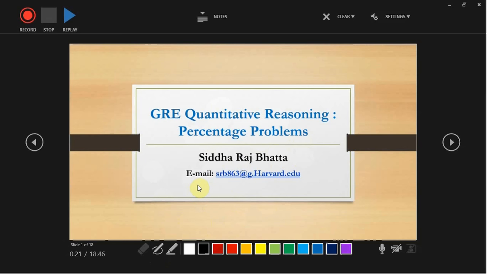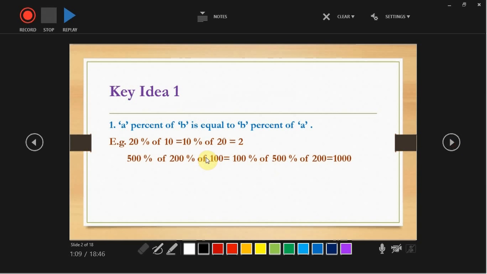Before discussing the percentage problems, let us be aware of some key ideas. The first key idea is A% of B is always equal to B% of A. For example, 20% of 10 is always equal to 10% of 20.